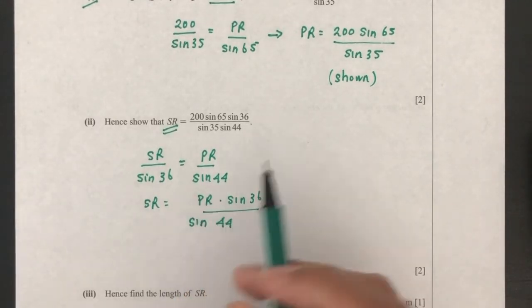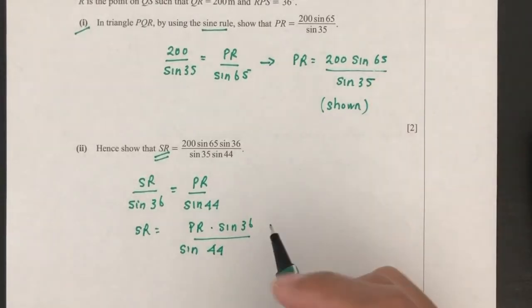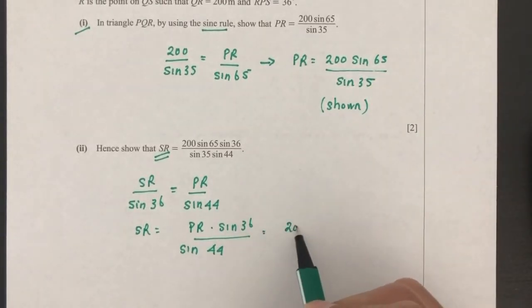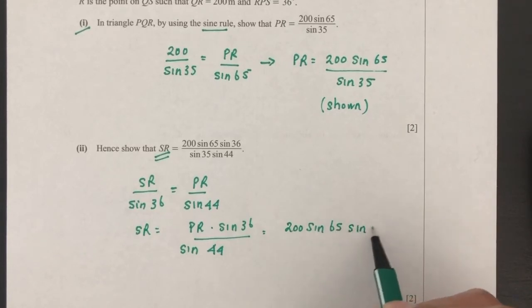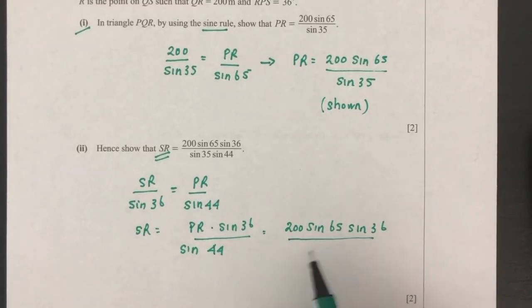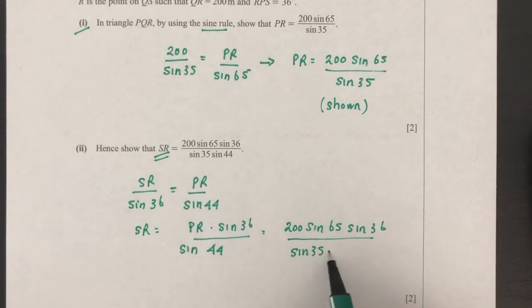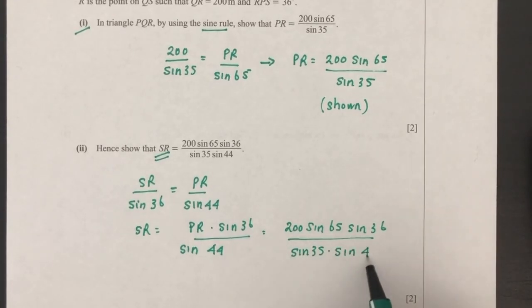Now let's expand PR. As you can see, PR is equal to this, so let's write this here. That will be 200 sine 65 times sine 36 over sine 35 times sine 44. So this will be SR, and this is shown as required.